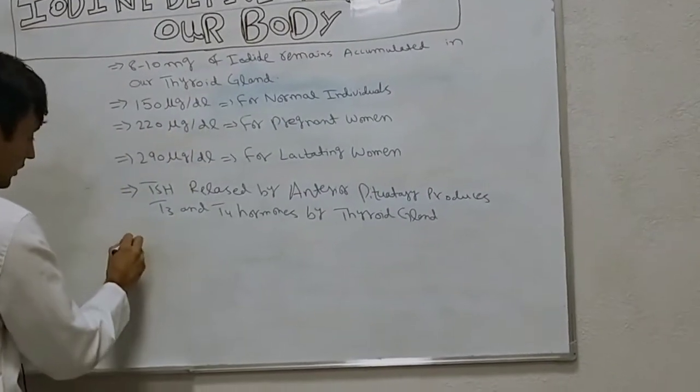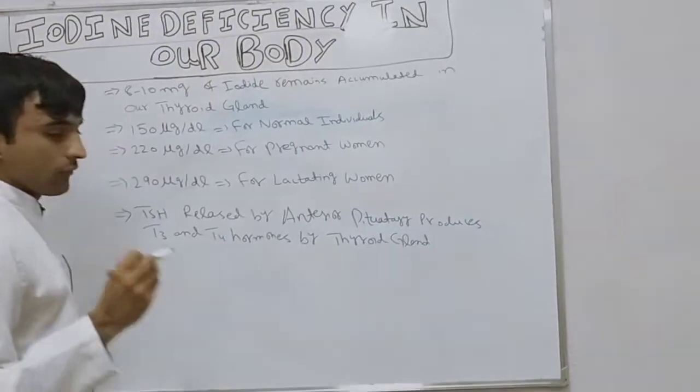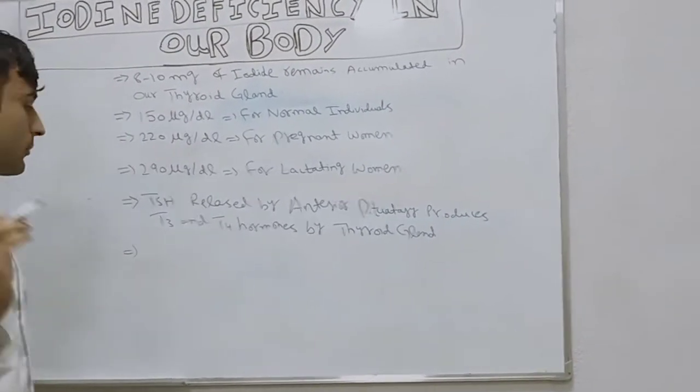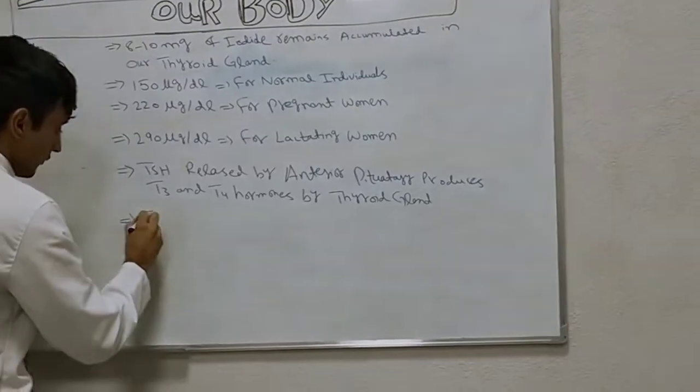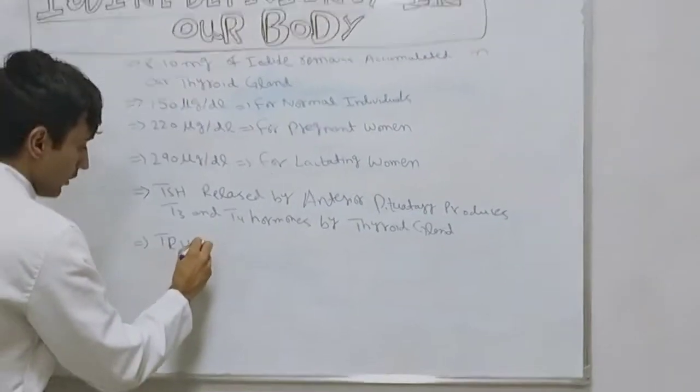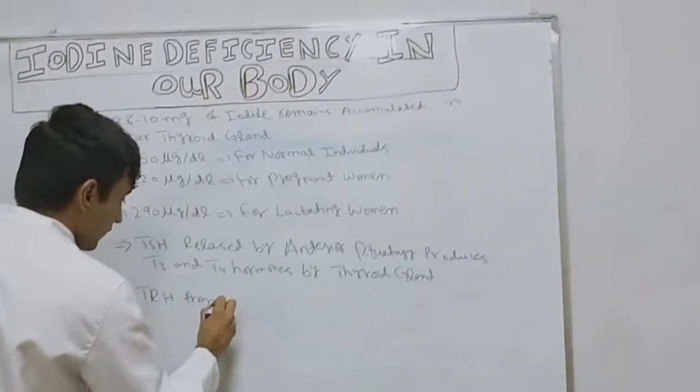Furthermore, this anterior pituitary is also influenced by the thyrotropin-releasing hormone that is released by the hypothalamus. So TRH from the hypothalamus stimulates the anterior pituitary.